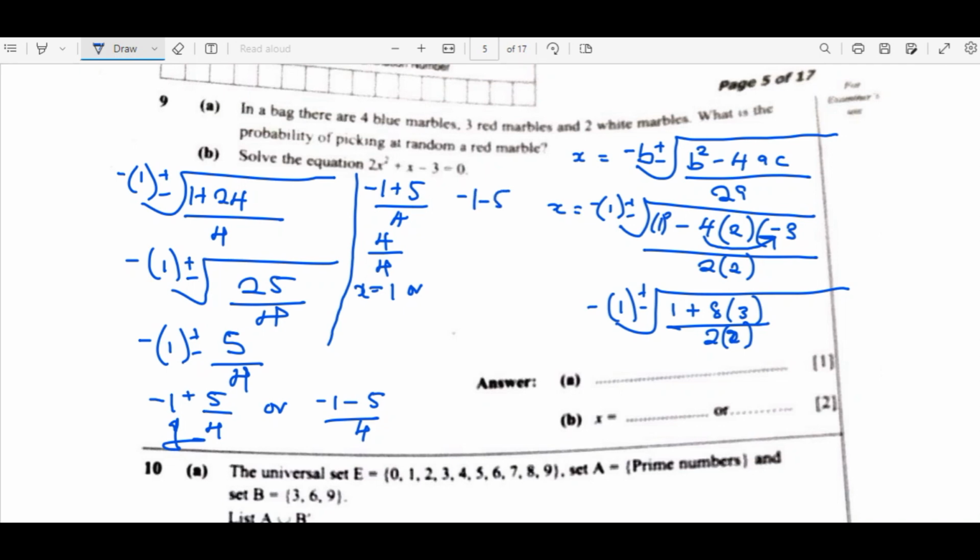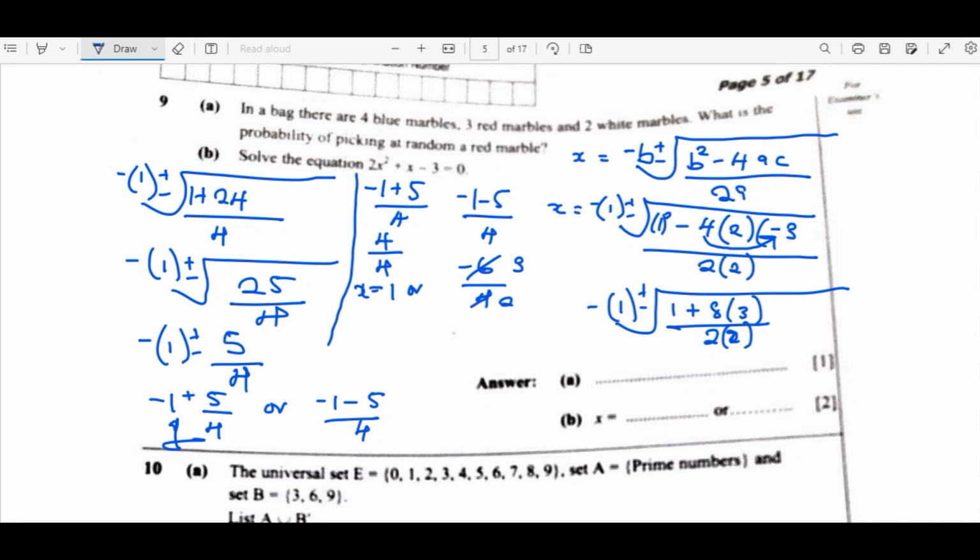For the second one, it is minus 1 and then we have a 5. With negative and negative, we're going to add and still maintain the sign. So negative 1 plus negative 5, we're going to have negative 6 over 4. We can reduce this: 2 into 4 is 2, and 2 into negative 6 is negative 3.